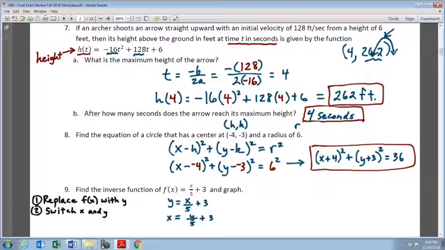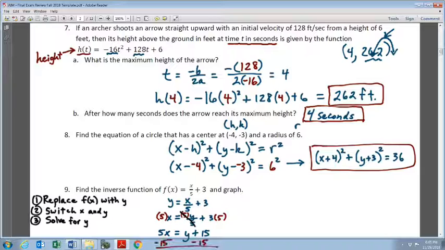I guess if there were another key step, it would be to solve for y at this point. So we need to get y by itself. Now you could subtract 3 first, but I think I'm going to go ahead and clear fractions by multiplying by our LCD, which is 5. We're going to get 5x equals, the 5's cancel here, you get y plus 15.